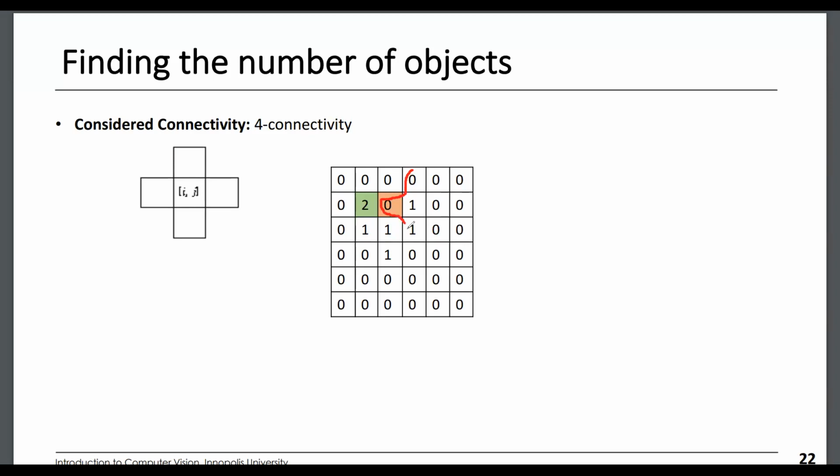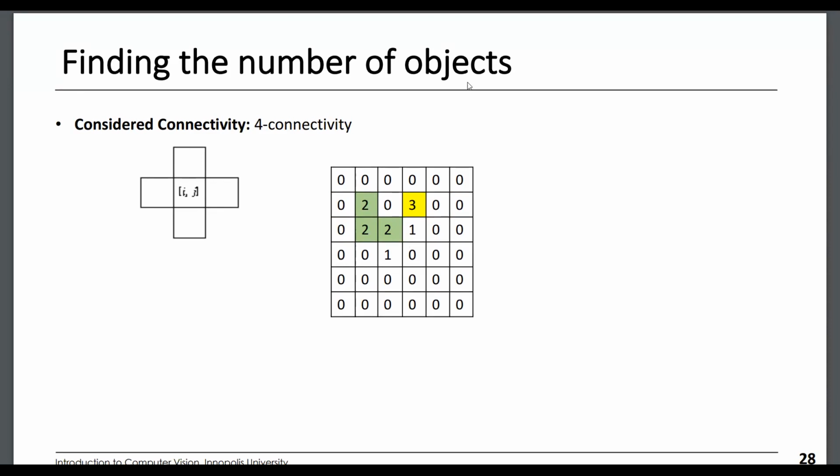No, so we give it a new label, so this one will be 3. 0 again, 0, 0. This one, is it connected to a previously existent label? Yes. Nice, so we give it 2. This one is also connected to a previously existent label, so we give it 2.